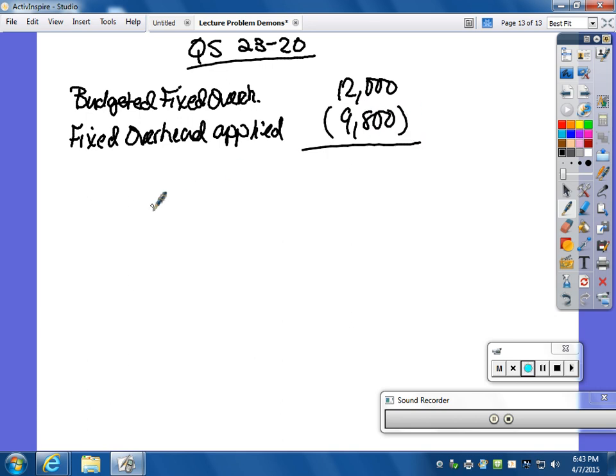So subtract that from the 12,000, and that's going to give us a volume variance of what? 2,200. Favorable or unfavorable? It's favorable.